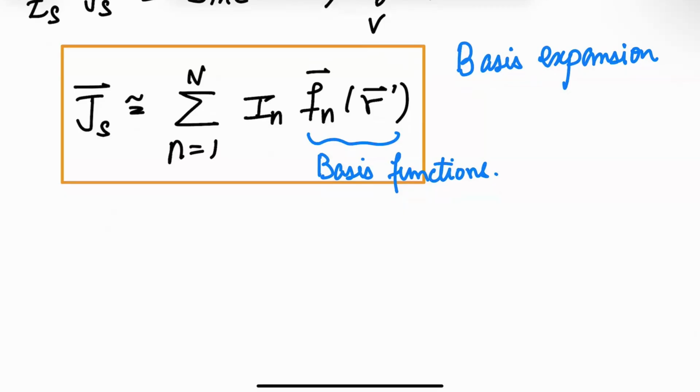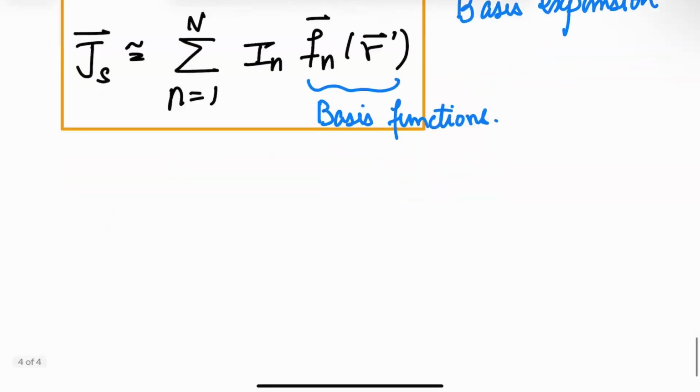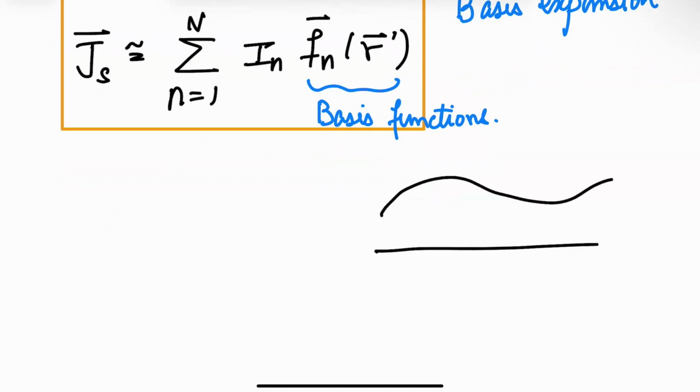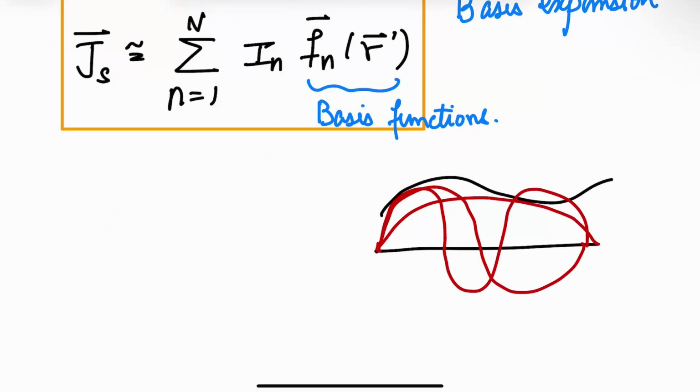So we approximate this. One example is that, okay, let's just say I have some function like that. Right? I can write this as a summation of the Fourier basis, which is just harmonics. We call it the Fourier series sometimes. Something like that, right? So that's the Fourier basis.